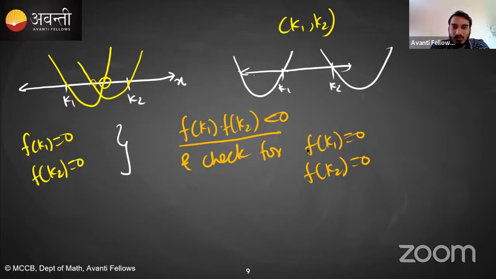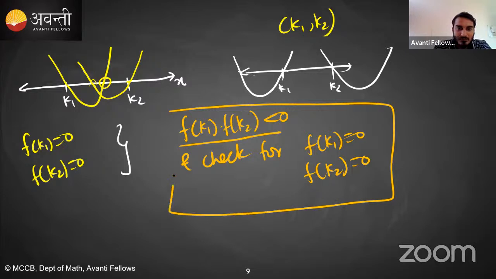If it is, then also consider k1 and k2. Okay, is this clear? We will solve one example, there you will understand it. For now please remember this part, also check for k1 and k2.